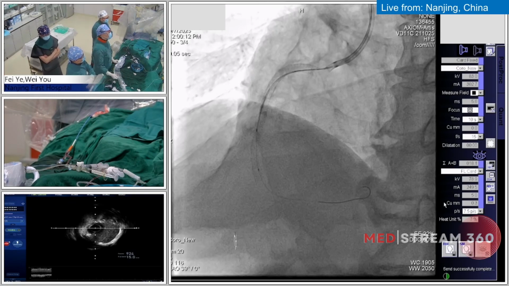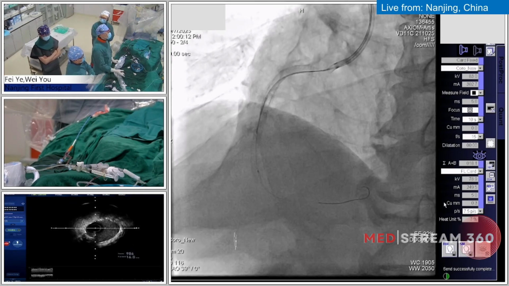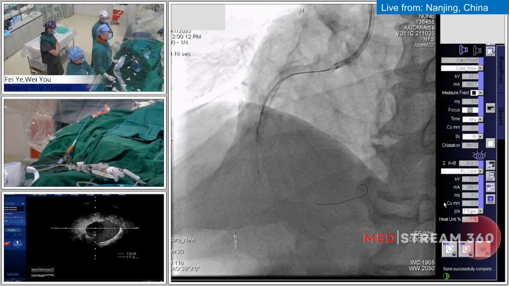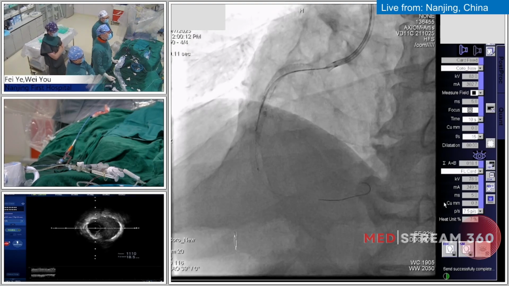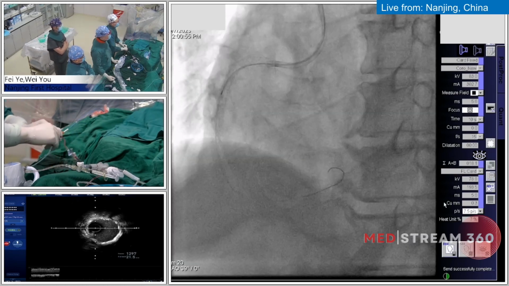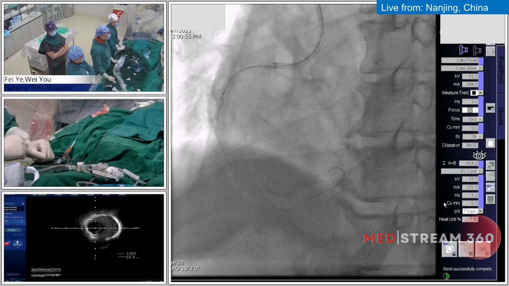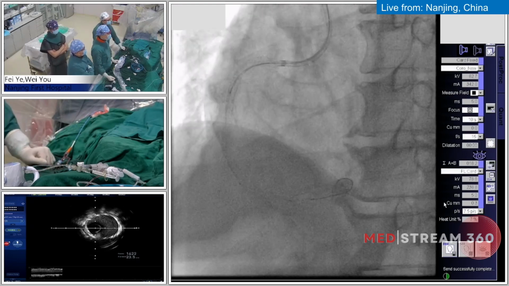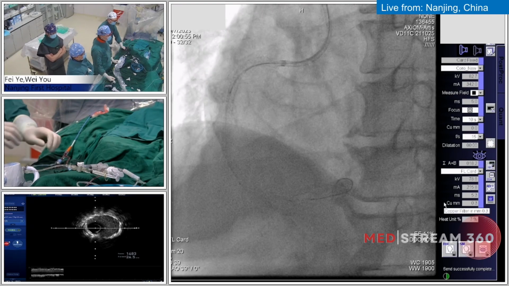Even if we find a crack, multiple cracks or maybe a single crack, use a one-to-one NC balloon to predilate. After that, we put in a stent of the same size. Okay. Thank you.